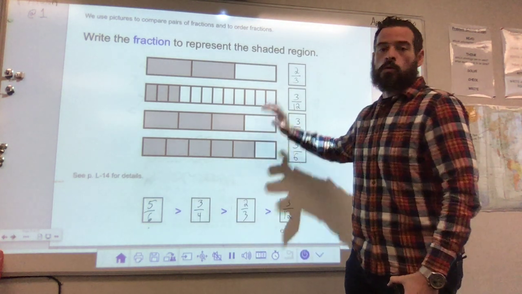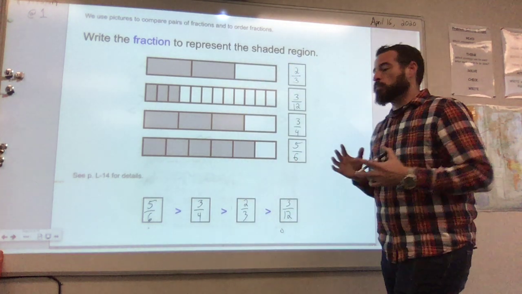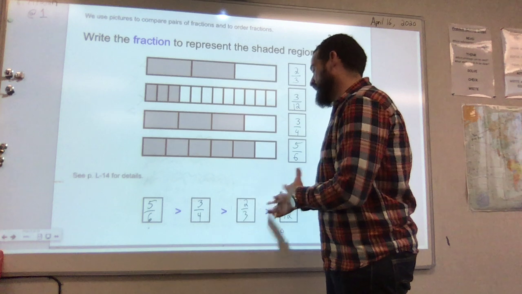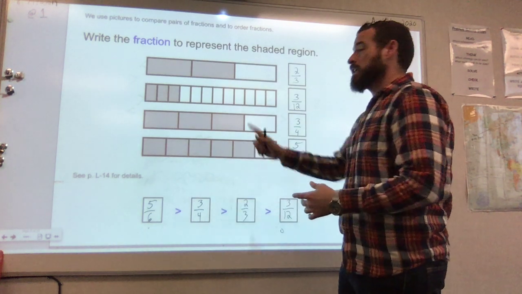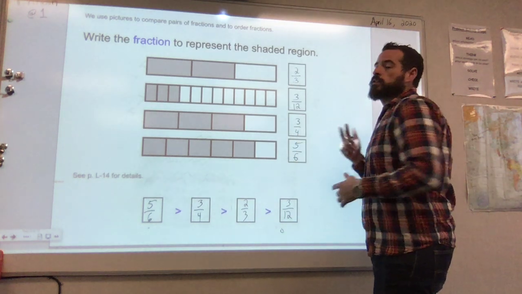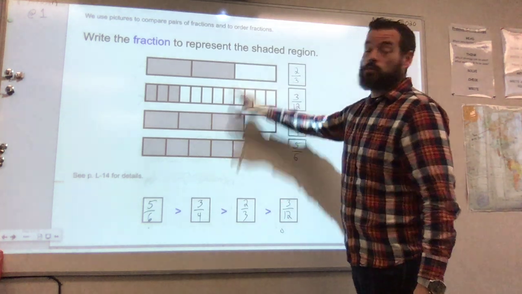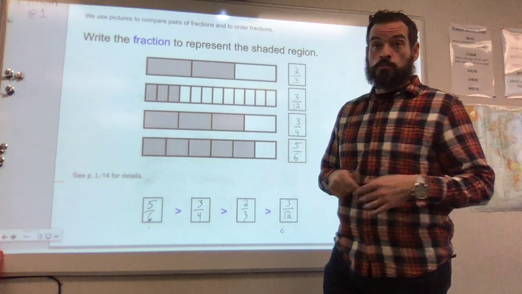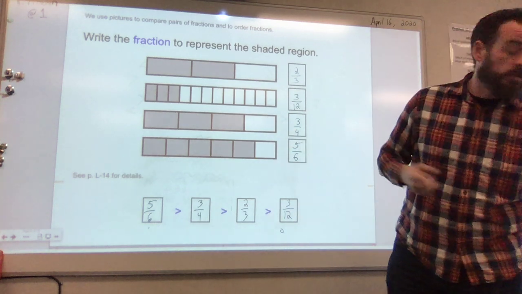You have to look at the whole thing, take a look at the fraction strips, and that will help you to compare them. So just don't get confused by looking at those numbers and then comparing it as a number, because we're talking about parts of a whole. So it might make things a little bit confusing, but if you use the fraction strips, you should be good with figuring out which one's bigger than the other one.